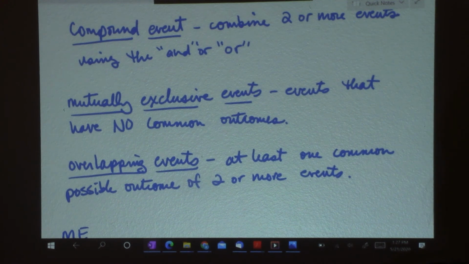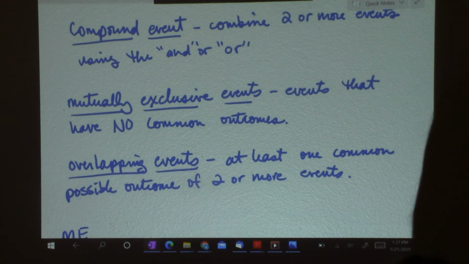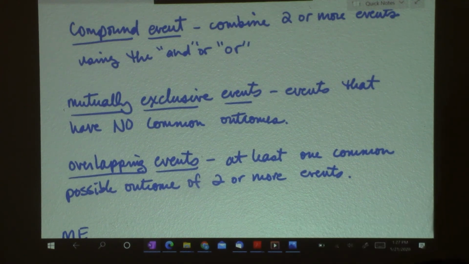You have at least one common outcome of 2 or more events. So that's when one of the results that could happen is the same for both of them. Okay, so mutually exclusive means they're completely separate, but they happen one after another. And then overlapping is that they happen one after another, but you could have the same outcome at least once.